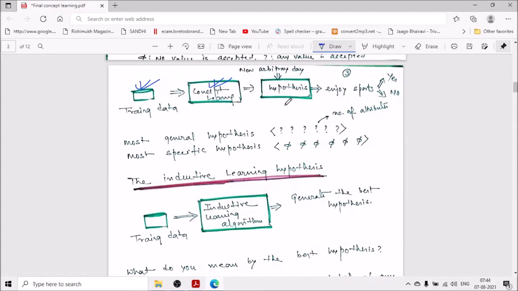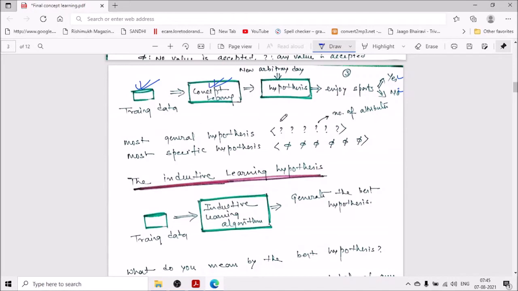After identification of the hypothesis, we can use it to identify whether the person will enjoy the sport or not, yes or no, for any new arbitrary day. That is the application of the hypothesis. First we have to identify the hypothesis and then we can use it.